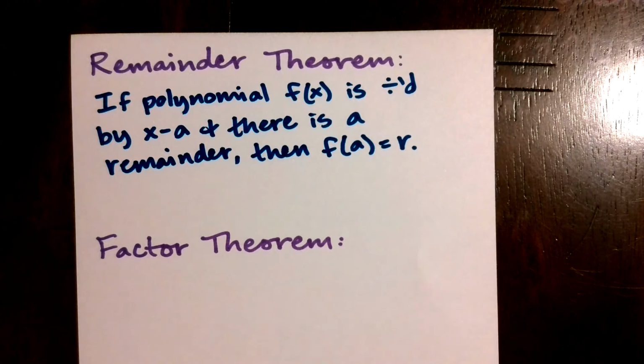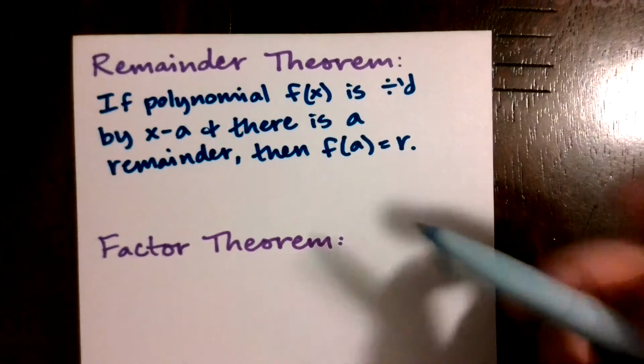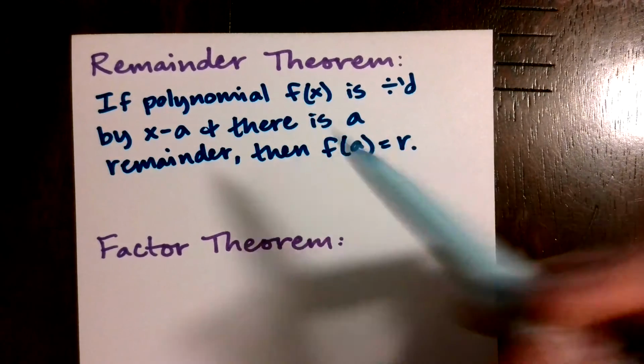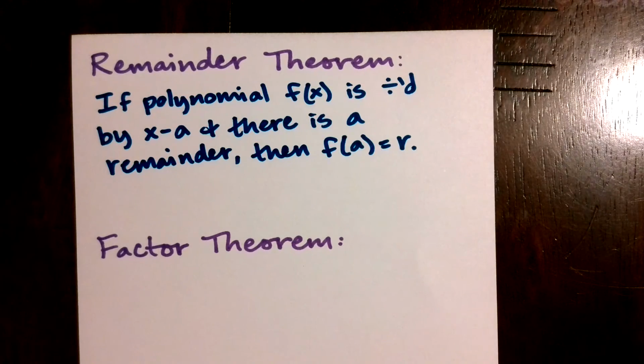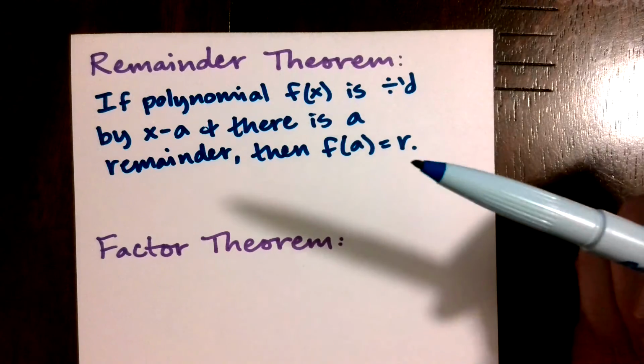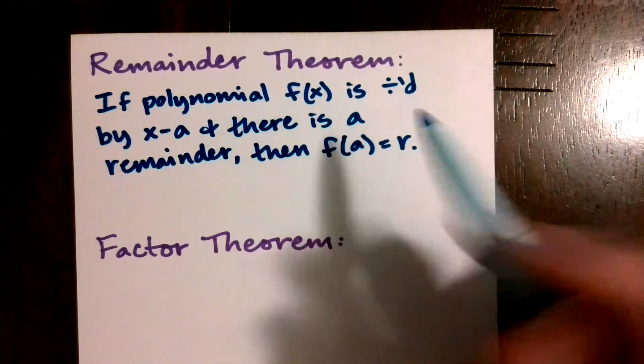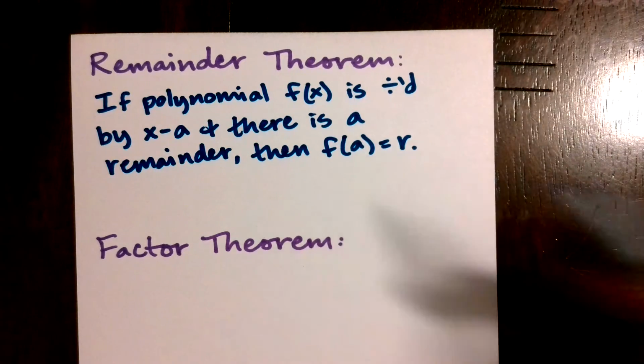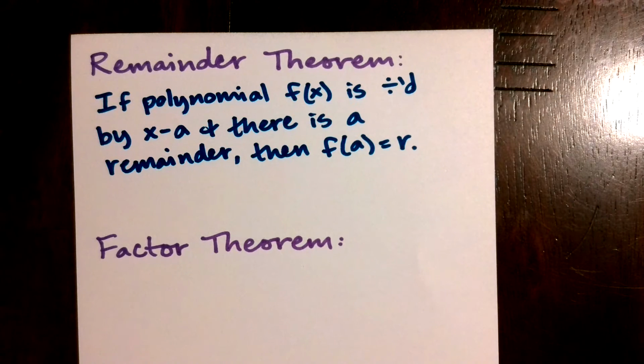The remainder equals f of a. So essentially it is the same as plugging in the value a and getting out a y value. If we divide by a linear factor x minus a, it tells us what y value we would have gotten. The remainder is the y value that we would have gotten if we plugged it in.